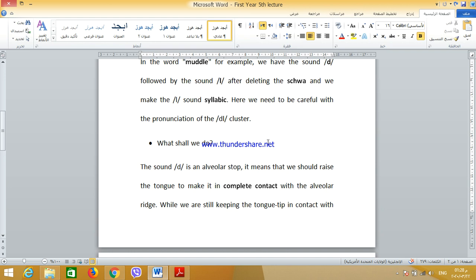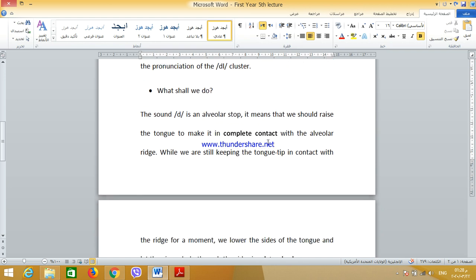Here we need to be careful with this cluster. So what shall we do? This is the question. How do we pronounce the combination dl or tl? The sound d, as you know, is an alveolar stop sound. What does that mean? It means that the tip of the tongue is going to be raised to make a complete contact with the alveolar ridge.